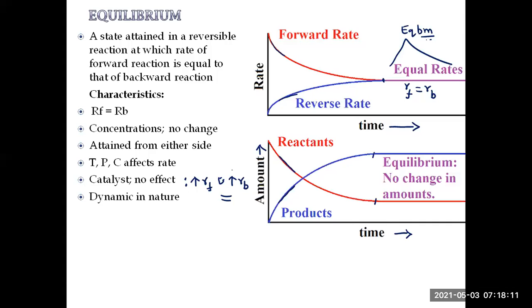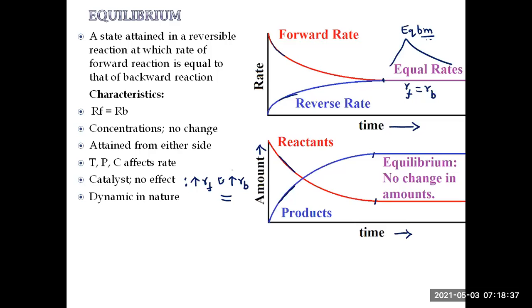But that doesn't mean that concentration of reactants and products remaining constant means that rate is also zero or reaction has stopped. It doesn't mean that reaction has stopped. Though concentration of reactants and products at equilibrium are same, both forward and backward reactions will be proceeding with equal velocity.